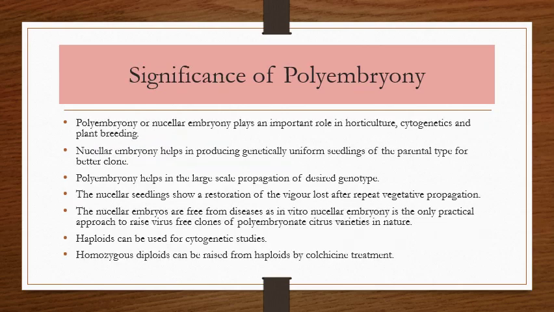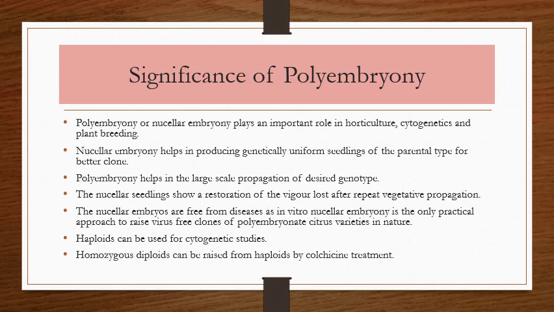Significance of polyembryony. Polyembryony or nucellar embryony plays an important role in horticulture, cytogenetics, and plant breeding. Nucellar embryony helps in producing genetically uniform seedlings of the parental type for better clones.